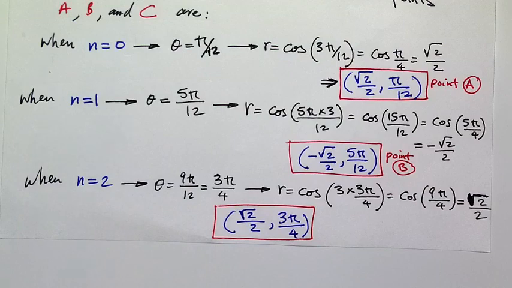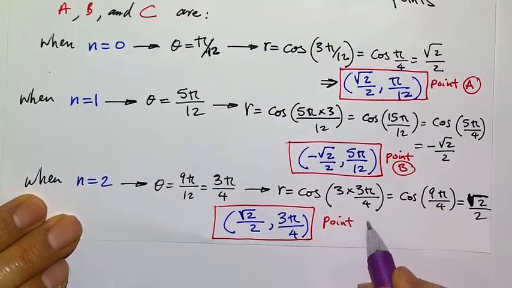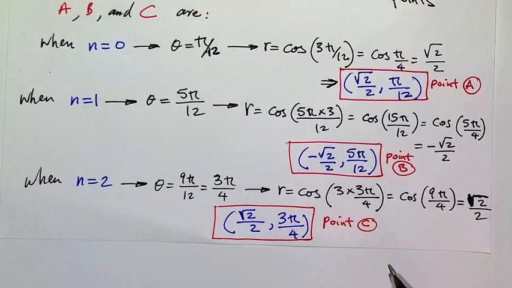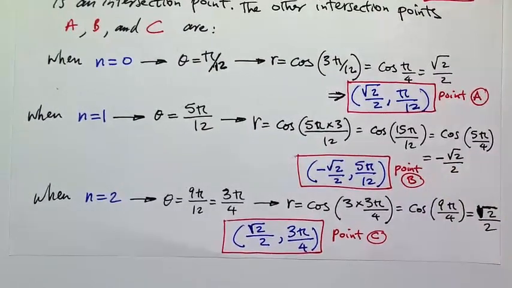And this is point C, like that. All right. So we did one example for finding the intersection points only.